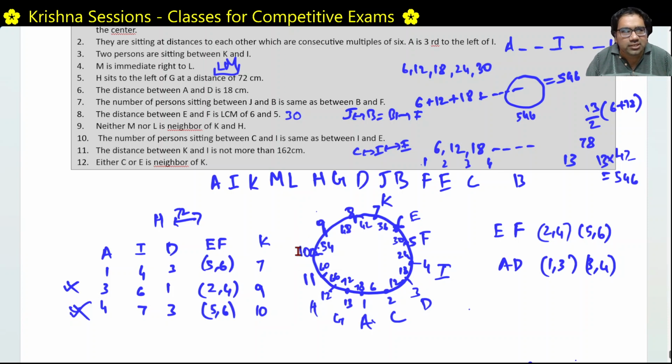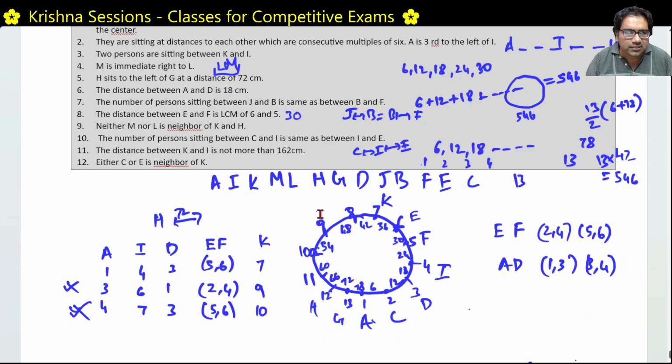And at the same time, J, B and F. Right. So J, B and F. B should be at the center of J and F. So if F is here, if B is here, then J can sit here, which is fine.